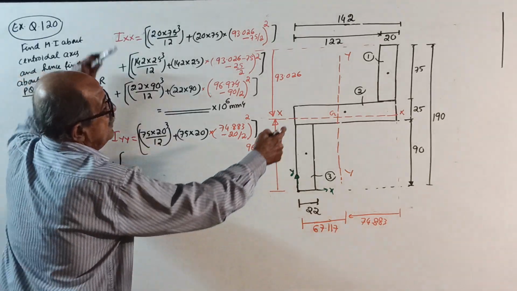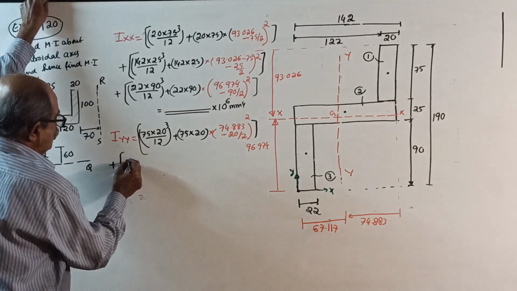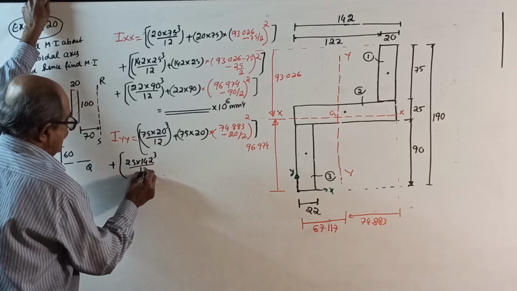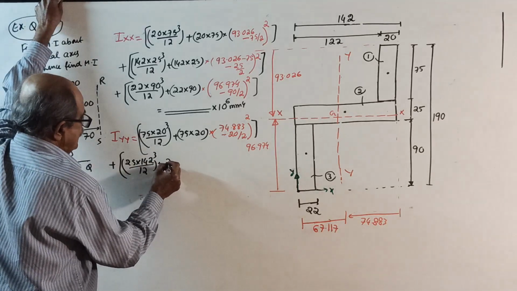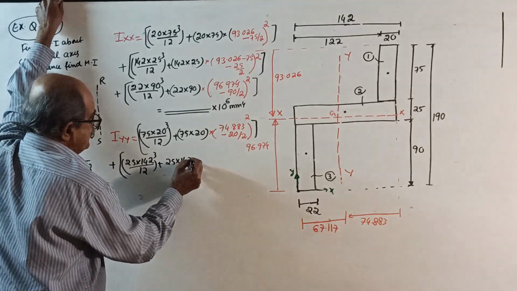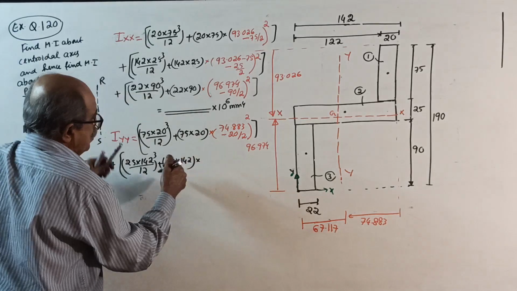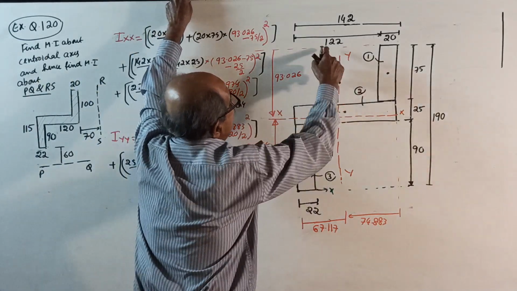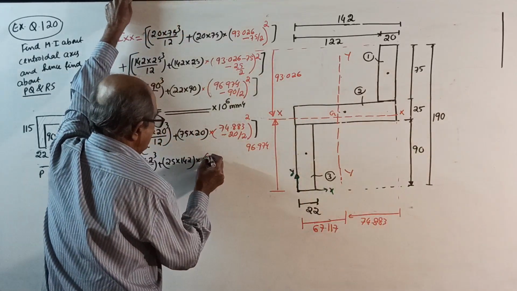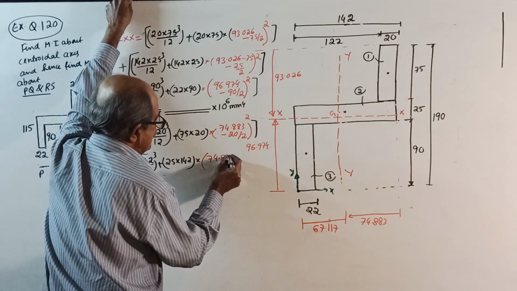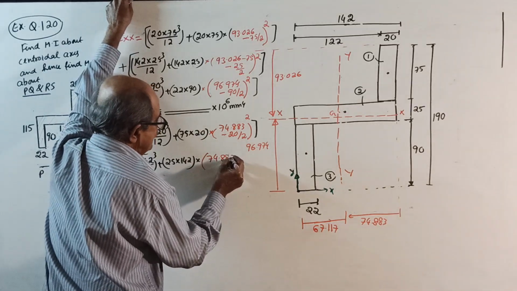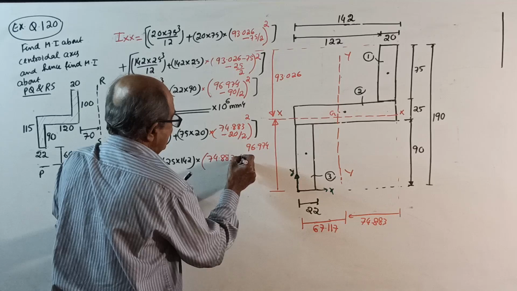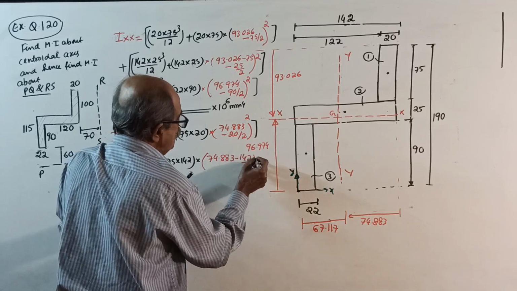Plus the second one, I about YY: 25 into 142 cube by 12 is Ig, plus 25 into 142 is the area, into this distance square, which is 74.883 minus 142 by 2, whole square.